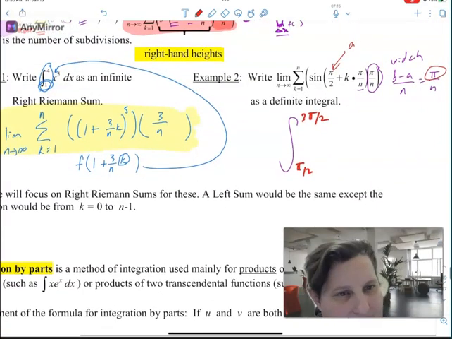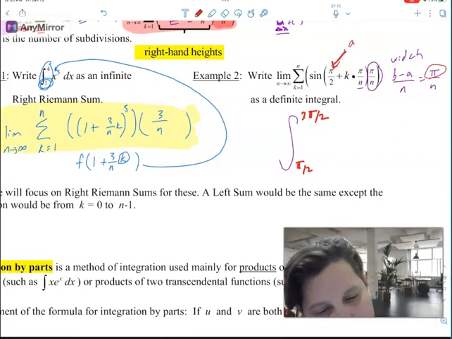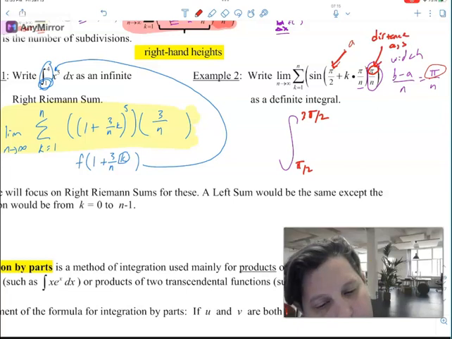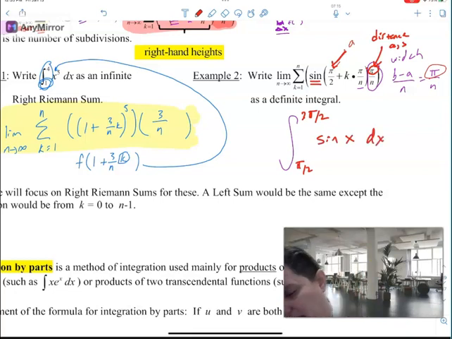So by looking at that, that helps me. So that tells me a. This right here tells me the distance between a and b, and then this right here tells me what I'm taking the integral of. And I'm taking the integral of sine x dx. And I think that's all it was. Yes, that's it. Okay?